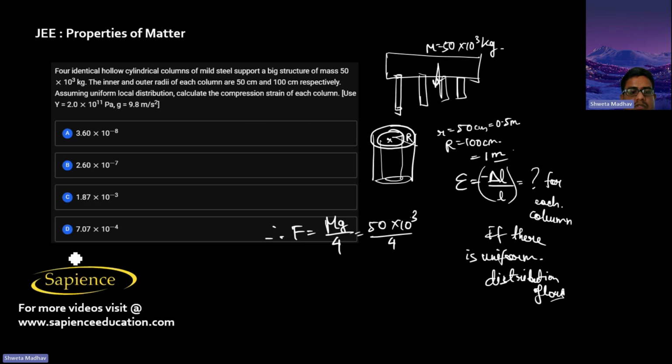So m into g, that is this much Newton. And the Young's modulus of steel is given as 2 × 10^11 Pascal.